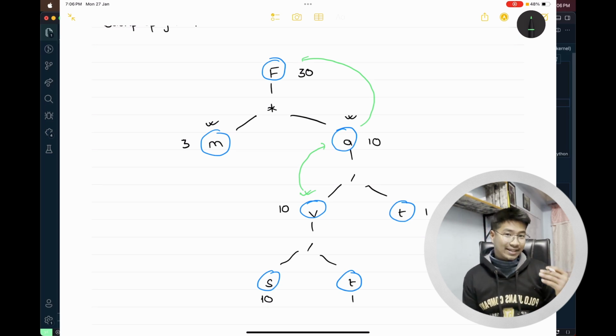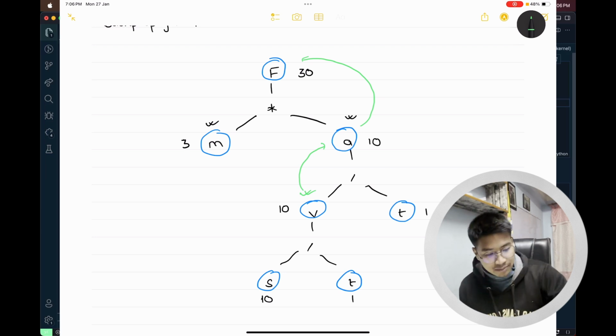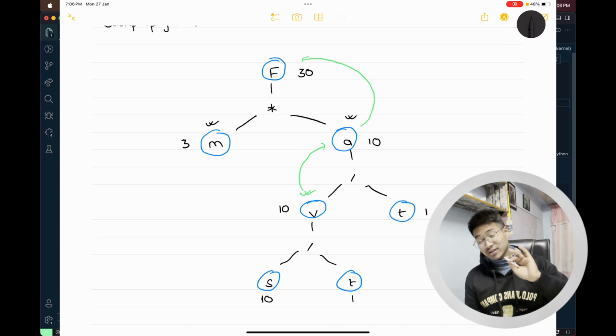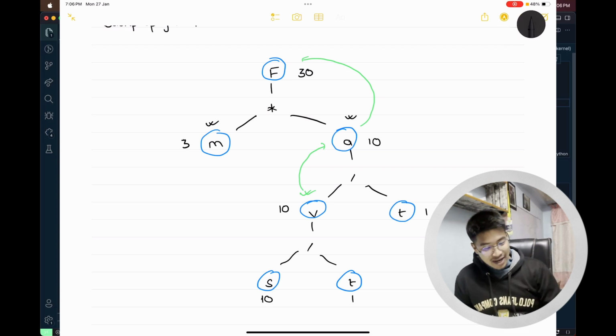We already did this before, and this was known as the chain rule. I'm just going to wave my hands over it. You can watch the chain rule video if you want to know why.